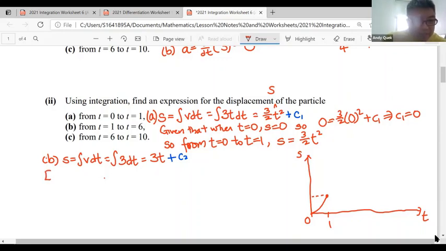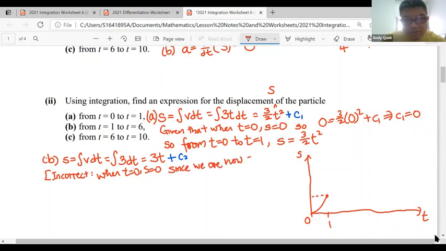Okay, so incorrect. What is incorrect? Let me put it here. Incorrect to say when t equals to 0, s equals to 0. Why is this incorrect? Since we are now talking about motion from t equals to 1 to t equals to 6.